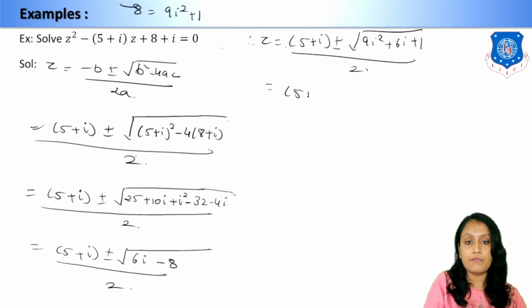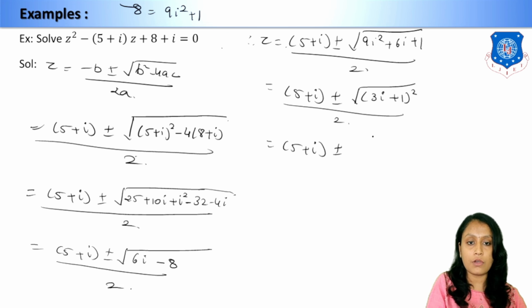So this is 5 plus i plus or minus. Now this is (3i plus 1) whole square formula, upon 2. So on simplification we will get 5 plus i plus or minus (3i plus 1) upon 2.